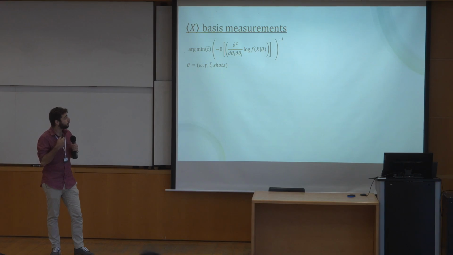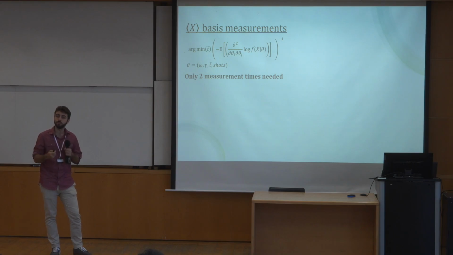So we'll assume for now that we can only measure on the x basis, and we'll simply run this optimization process, finding the minimal value of this function. And what we'll see is that if we assume many measurement points, they all converge into only 2 measurement times.